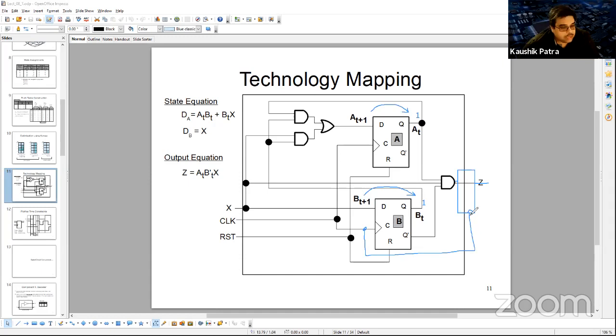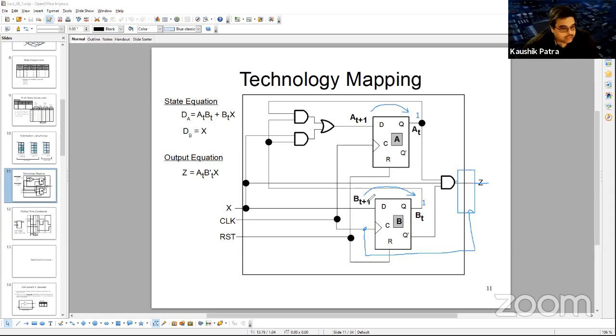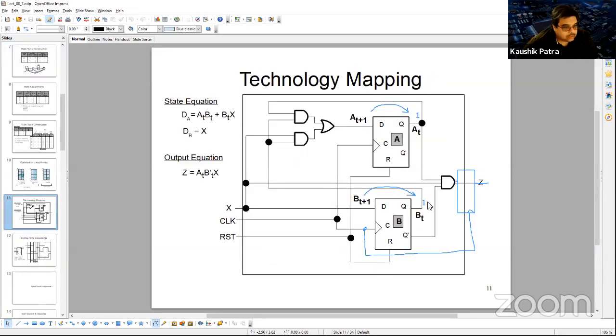So it is basically whenever there is a change in state, like from C to D, and then from D to B. At that point, it is also changing the output logic to 1, and we should register that back in the output register at that point.